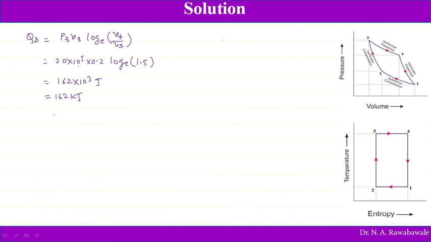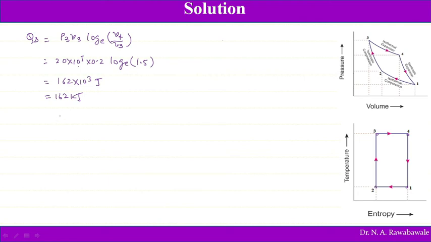So now we want to find out the amount of heat rejected. Looking at this TS diagram, we can see here the change in entropy during process 3 to 4 is equal to the change in entropy during process 1 to 2.